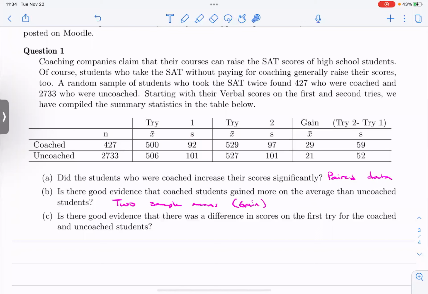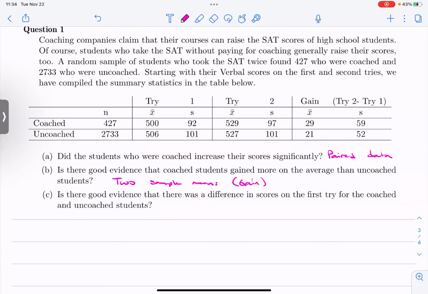Right? So you can see how all this information, we can construct lots of different types of questions from this one block of information. So it's a two sample means question, but for try one.